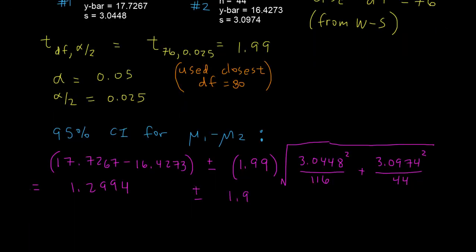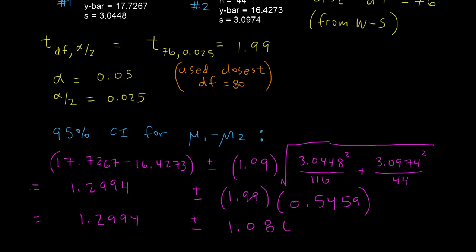I'm going to keep the T critical for just a moment and write down the standard error, which was 0.5459, just about, just to show my work in its entirety. Once I multiplied the standard error by the T critical, that nearly doubled that value. So the margin of error here was 1.0863.